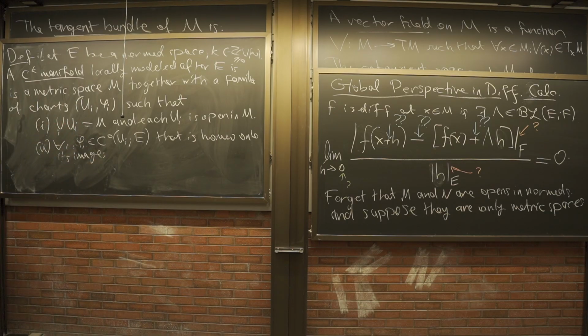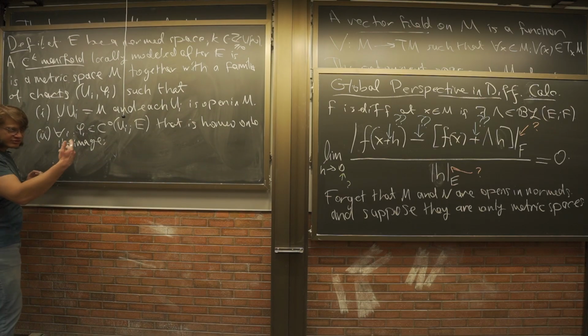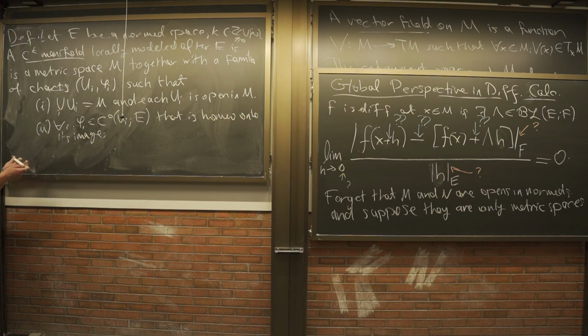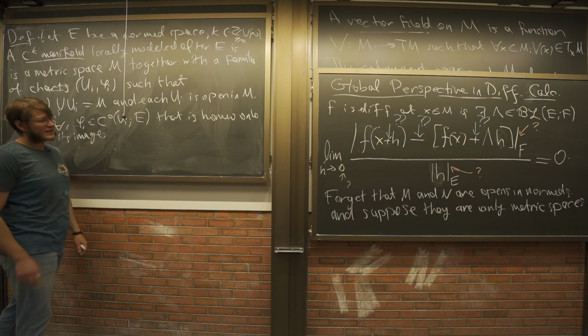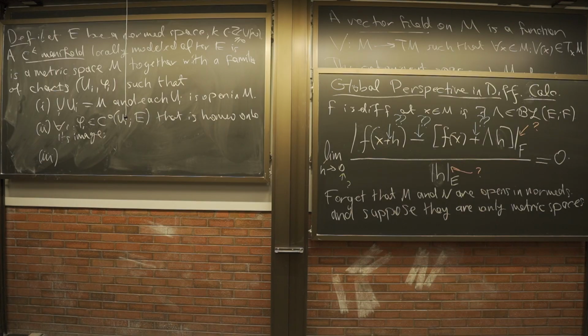So these are local charts. It's almost like a basis, but imagine nonlinear bases. The third property is, so that you can do things in an invariant fashion: if you have two charts that work for, let's say, the same point, I'm going to draw a picture in a second, I want them to be compatible in the C^k manner.